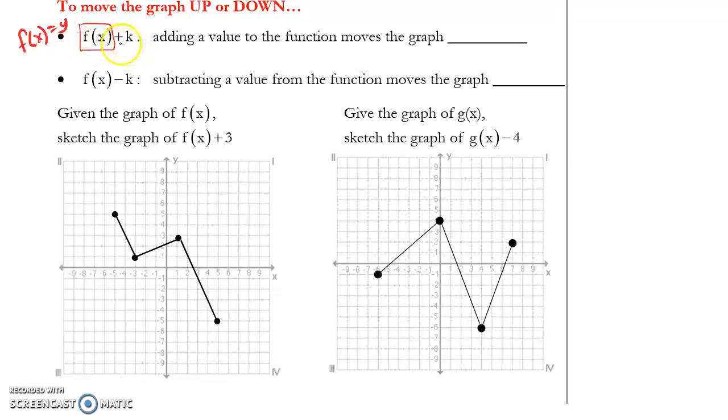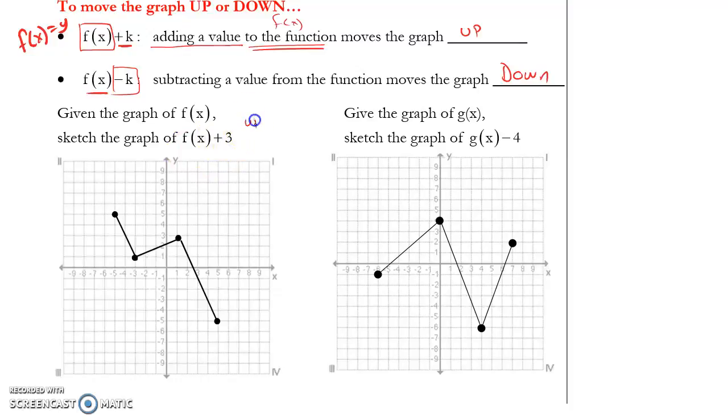I'm doing this outside of the parentheses. And adding a value to the function, or to f of x, shifts the graph up. Adding it outside the parentheses shifts it up. Subtracting it outside the parentheses to your function, not to x, is a shift down.